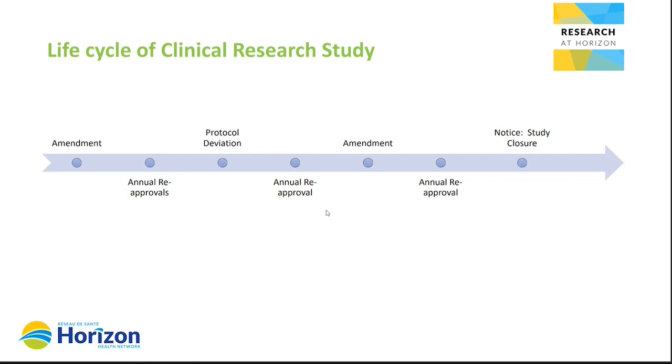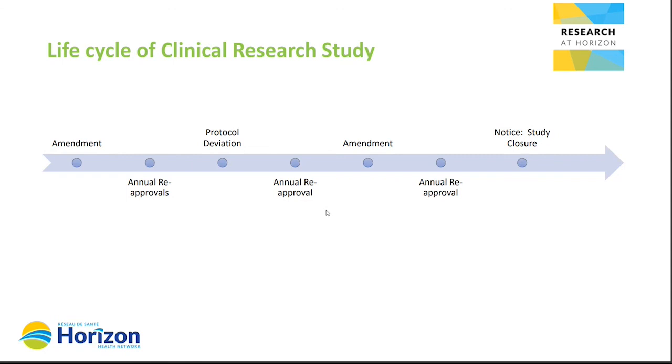Annual renewal, or reapproval, is a mandatory reporting requirement to REB, basically providing an update as to where the study's at, at site level, as well as global level maybe. All clinical trials need to submit an annual reapproval as long as they're open.